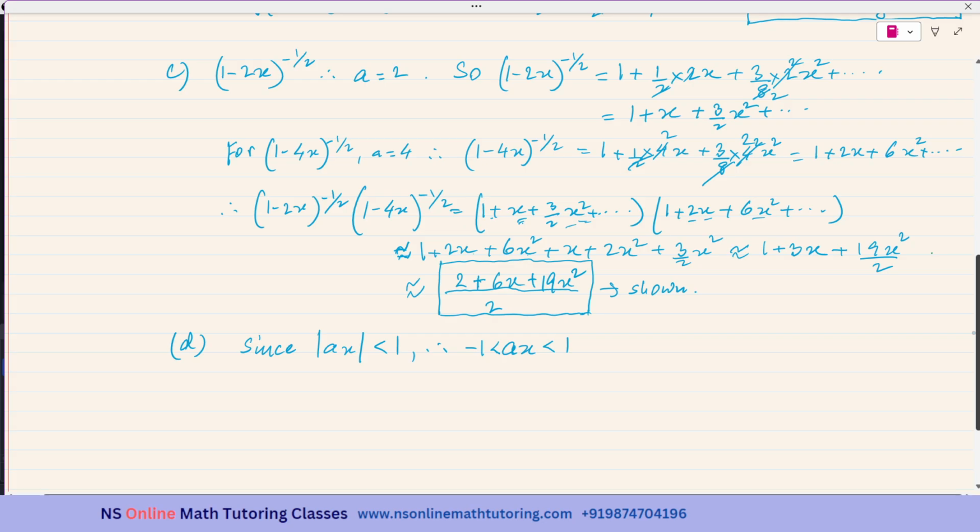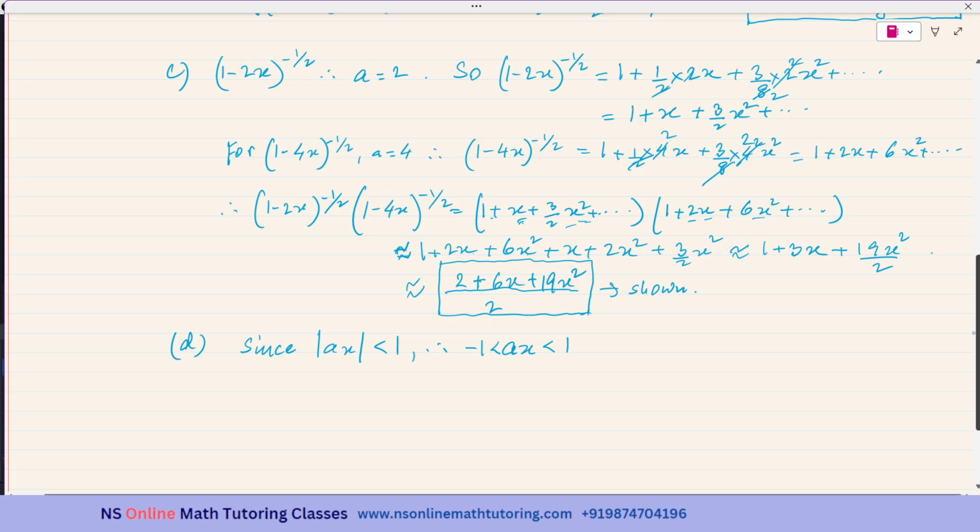Absolute value of ax is less than 1 means ax is between negative 1 and positive 1. And of course, ax is not equal to 0, because there is the number 0 between negative 1 and positive 1. So, a is not equal to 0. The question said a is not equal to 0. So, ax is not equal to 0.